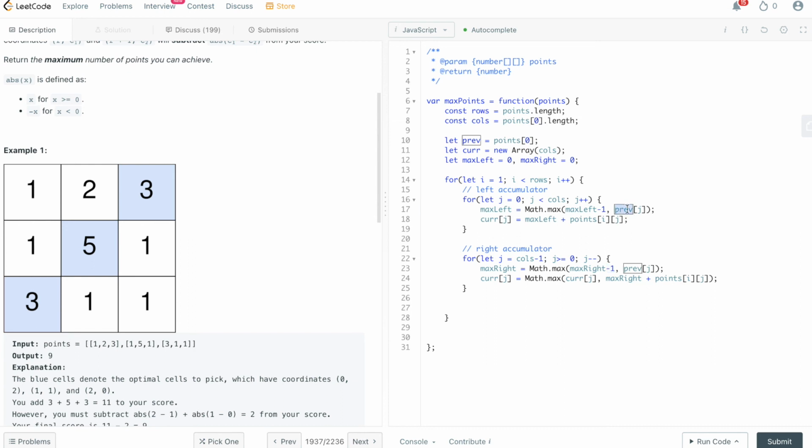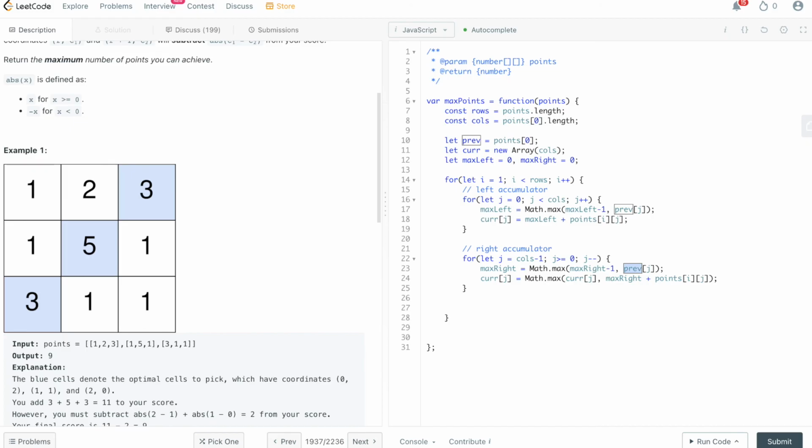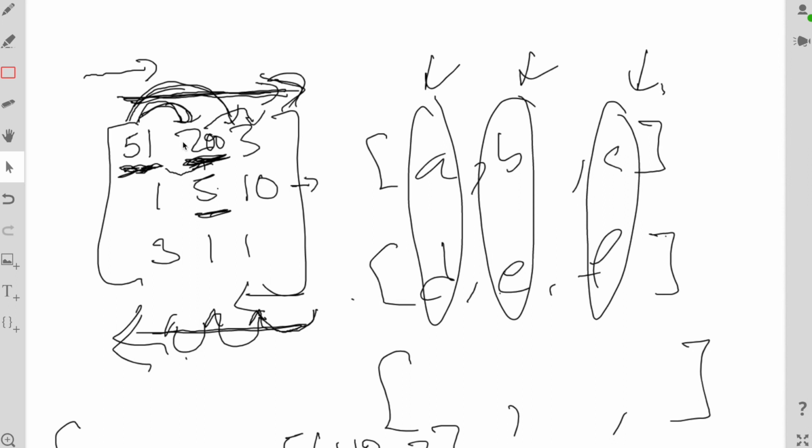And we compare it against previous j, and in this case, previous j is, if it's 200, so the one directly above it, it'd be 200, right?